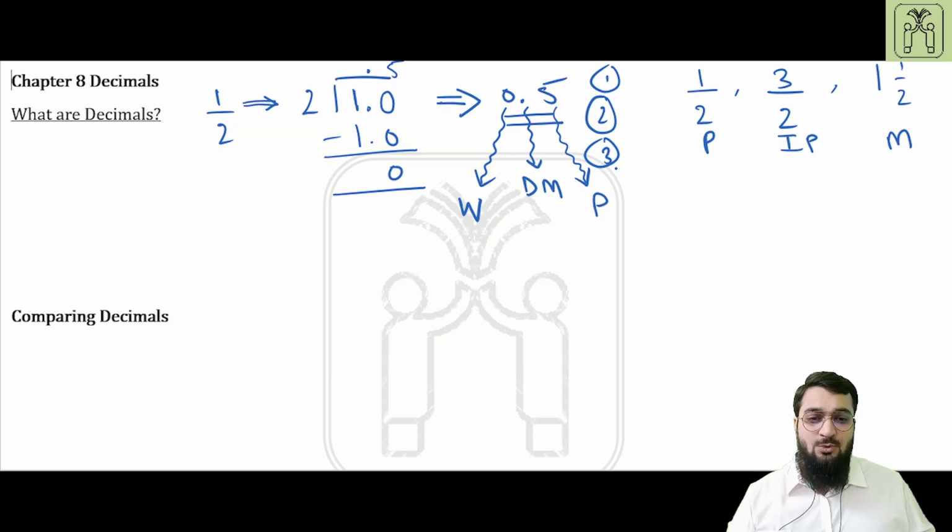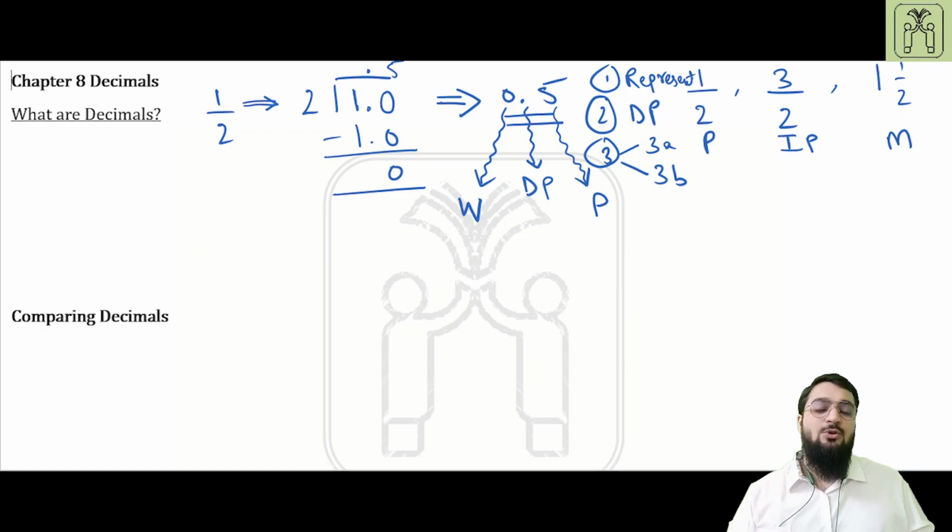So this is point number 3, with 3a being the left side and 3b being the right side. The second point was the decimal point, and the first point was how 1 upon 2 can be written as a decimal.